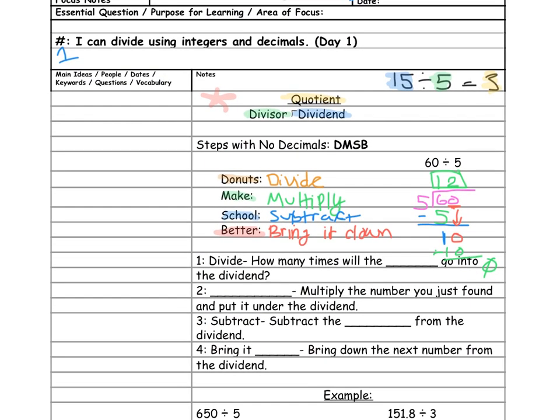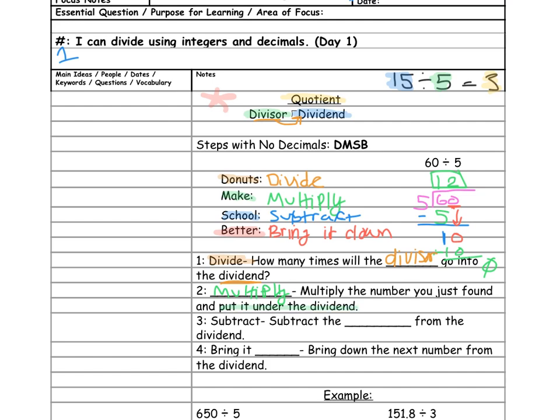So the first step, again, is divide. How many times will the divisor go into that dividend? Our second step is multiply, where we are multiplying the number that we just found and putting it under the dividend.